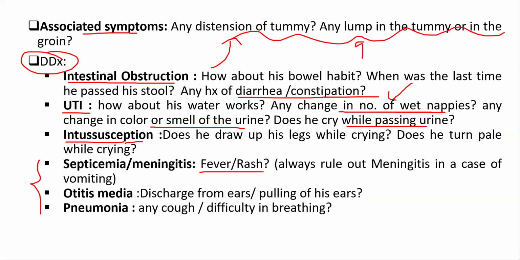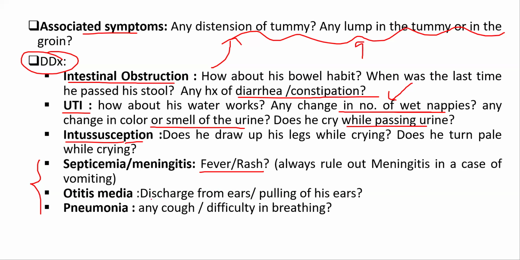If the child is a bit older, who can say what they are feeling, definitely you can ask about any headache, any neck pain or stiffness. You can ask, does the light hurt his eyes, to look for photophobia. So those questions you can ask if it is a slightly older child. If it is an infant, all you can ask is fever and rash.